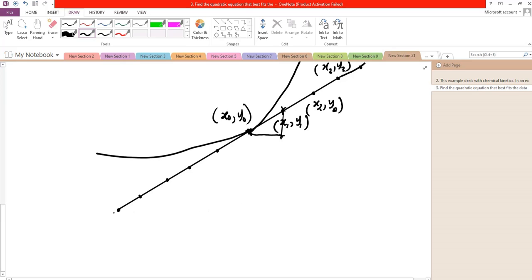The known values: we know our x0, we know our y0, we know our x1, but we don't know what our y1 is, it is unknown, because this is a point on the tangent. This is a tangent.